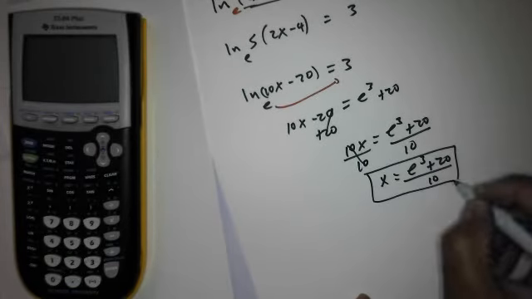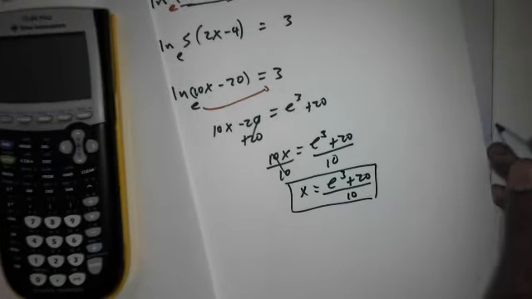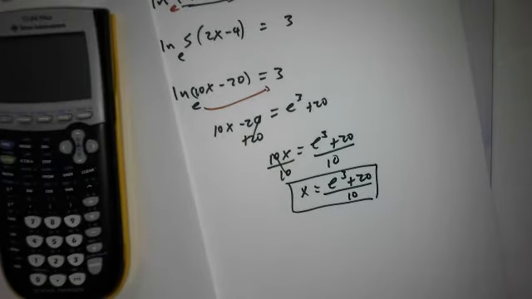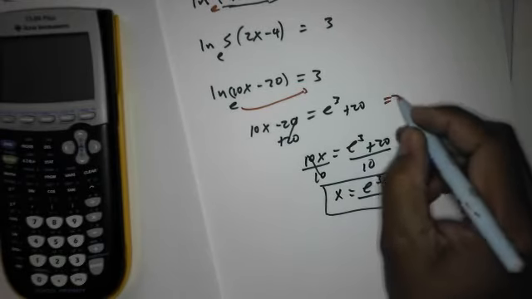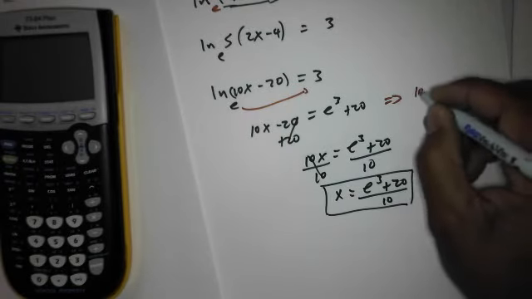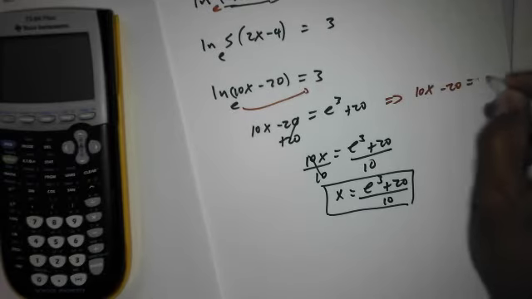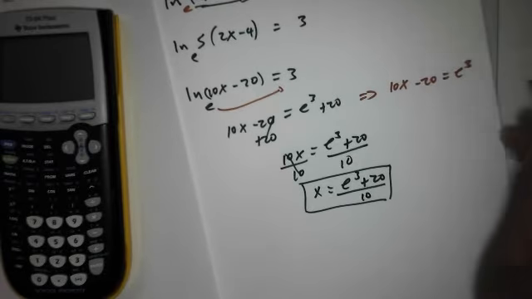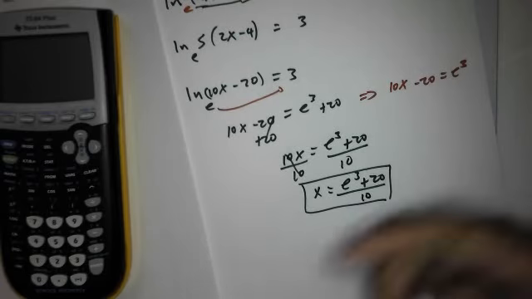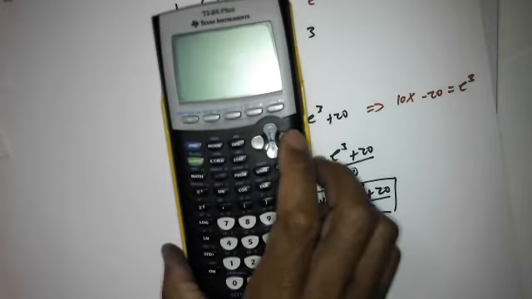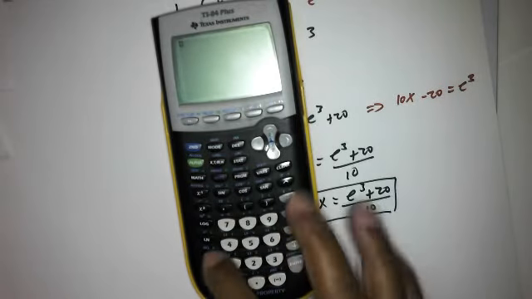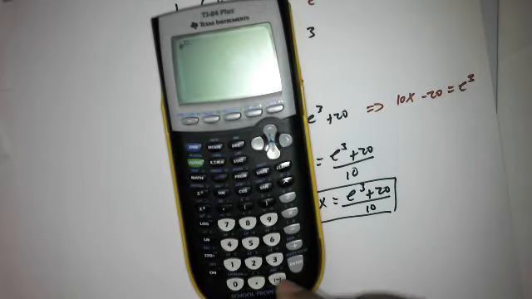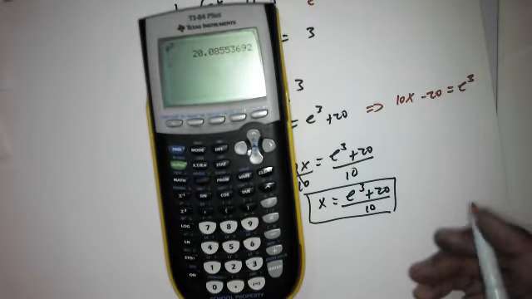This is your exact answer. Or you could have the approximated value for this. Let's take it from right here. So if we have 10x minus 20 equals e to the 3, e to the 3 is an actual number. So let's see what that is on our calculator. Okay. So to get the e, it's second, and we hit the ln button, and that's e, and we put the 3 there. So e to the 3 is approximately 20.09.